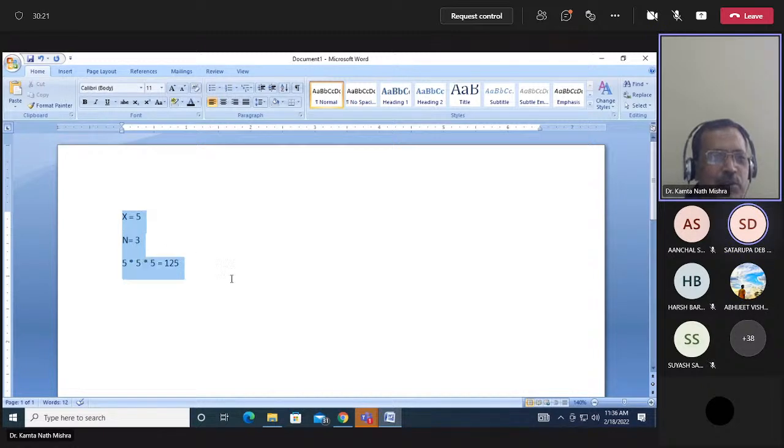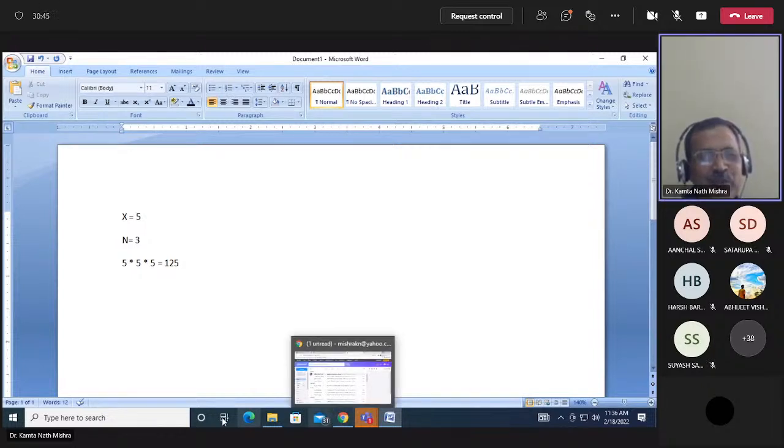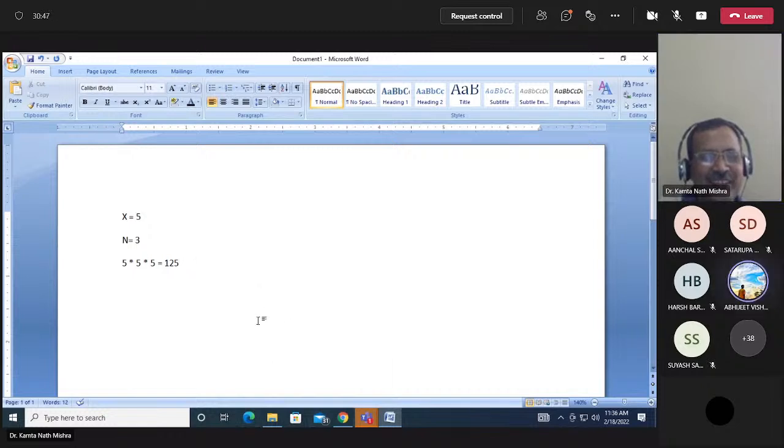The name of the function is not power, it is pow in C. Using recursion. Somebody is saying using a loop. For loop, sir.